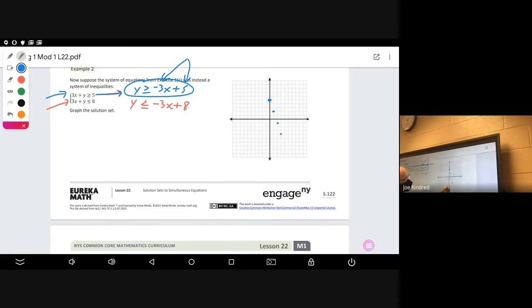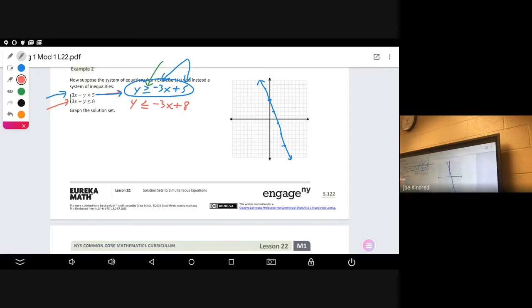We're just graphing down 3 over 1. And it's equal to, so I'm going to do a solid line. And there that is. Now it's greater than here, and so I'm going to shade in blue. I'm going to shade here in a minute. Okay, I'm not going to do it yet though.